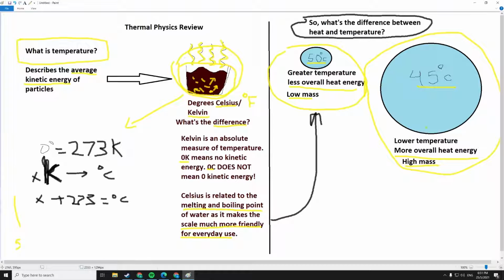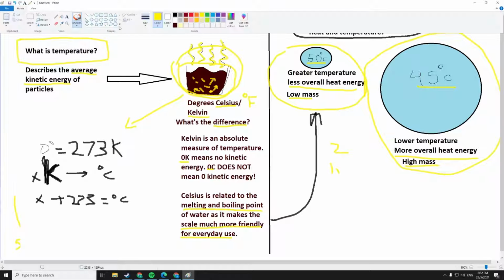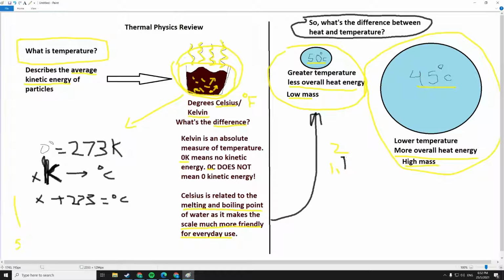But why is that? The reason is that when we talk about the total heat energy of an object, we're talking about two things. The first is, of course, the temperature. If something is hotter, it has more heat. But the second thing we want to remember is mass.